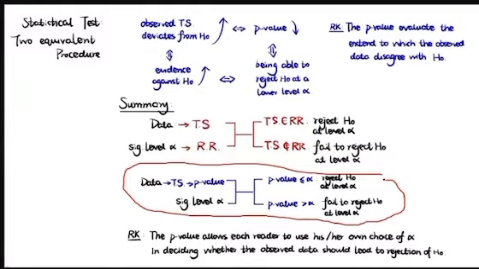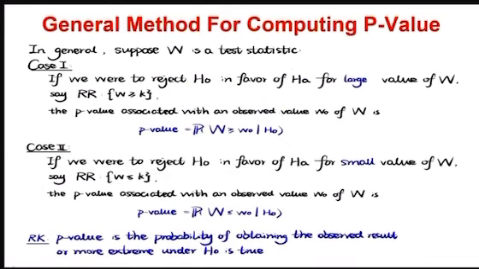If the alternative is less than, it's just the probability of z less than the test statistic. Now, the general method for computing the p-value: you need to consider your test statistic value.